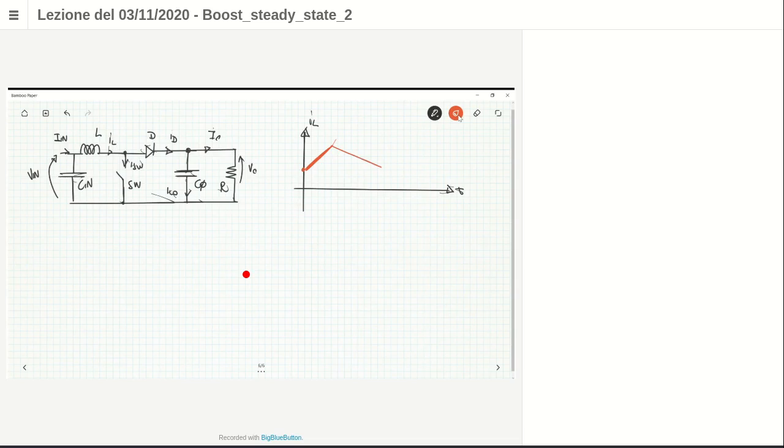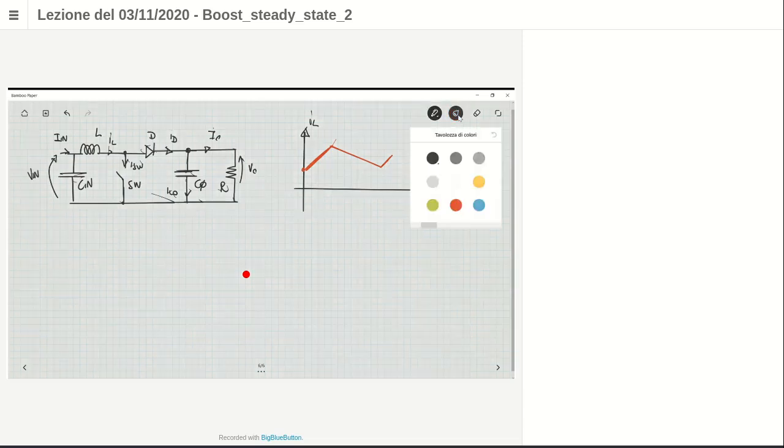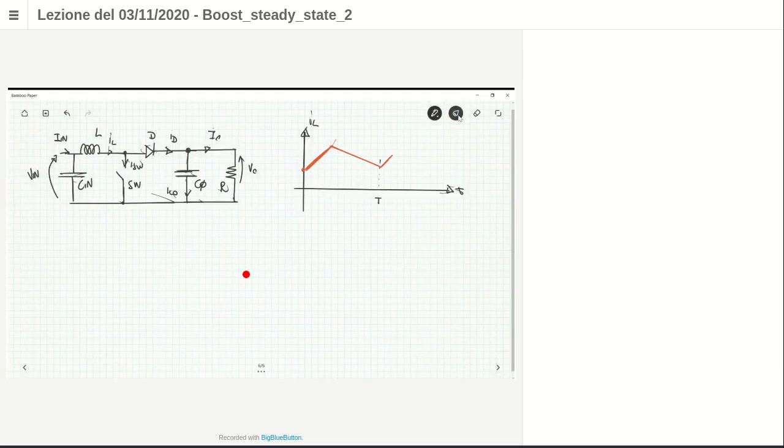Then we know the voltage that we can accept across it, which is V in during T on, and V in minus V naught during T off. So about the inductance, we have more or less all the parameters already. The average value is the input current, and then you also have the ripple current.